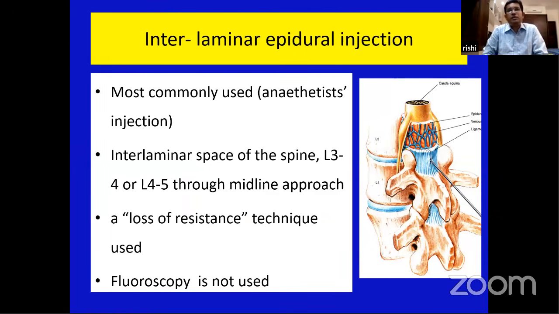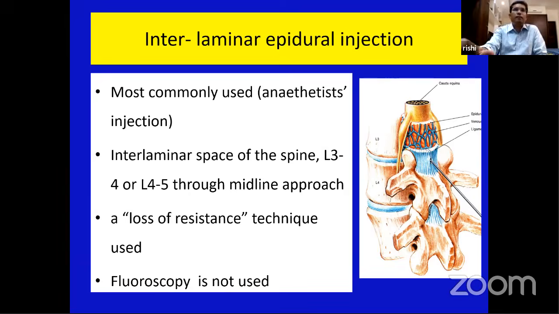The interlaminar space, typically at the L3-4 level, is used through a midline approach. So they use a loss of resistance technique to pass through the ligamentum flavum. And once they reach the epidural space, they give the drug. So here fluoroscopy is not used and the needle is placed inside the epidural space by experience and loss of resistance technique.